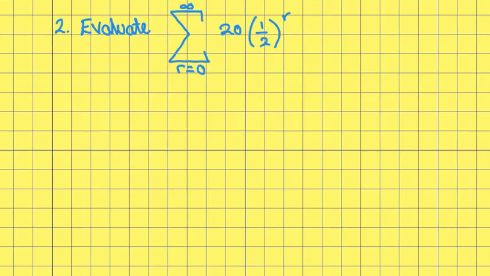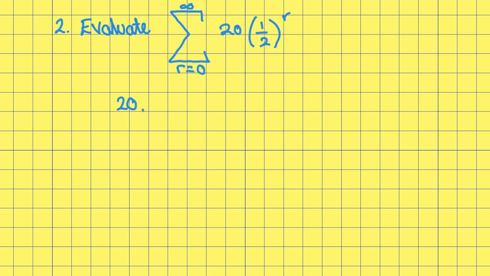Question 2. Evaluate the series 20 times a half to the power of r between r equals 0 and r equals infinity. The first thing you should do is write down the first 5 terms. So when r is 0, a half to the power of 0 is 1, so 20 times 1 is 20.